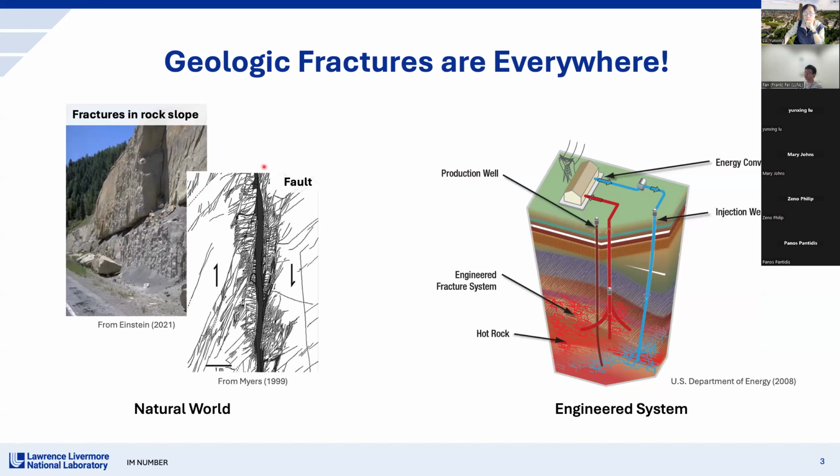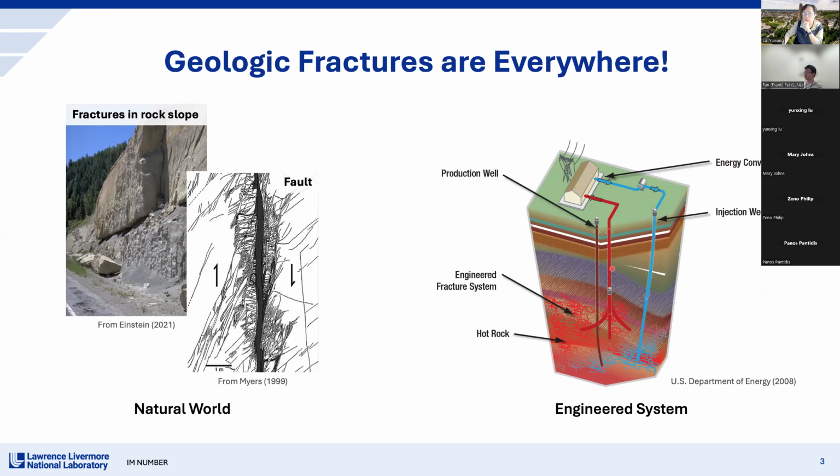And also the earthquake, one of the most concerning hazards in the world, is mostly triggered by the dynamic motion of the geological fault, and this geological fault can also be treated as a fracture or discontinuity in the Earth's crust. And besides this natural world, geological fractures nowadays also play a more and more important role in engineered systems.